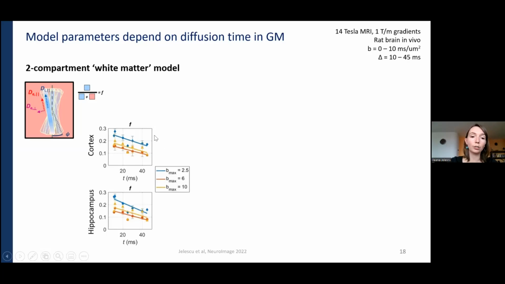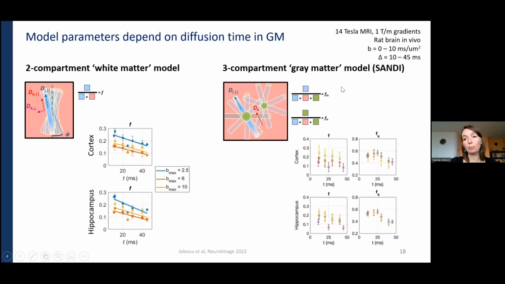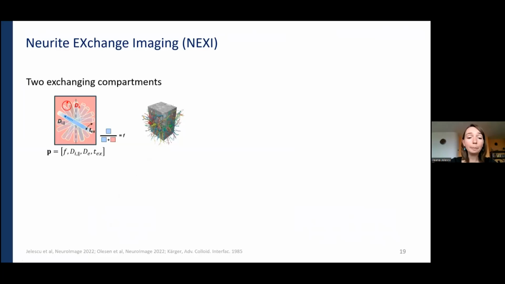So clearly at longer diffusion times, there's less and less water that can be assumed as restricted inside these sticks because it has actually exchanged with the extracellular space. And the same thing, if we apply SANDI at different diffusion times, we see that the neurite density estimate or even the soma density estimate depends heavily on the diffusion time at which you're looking. So you really see that there is a dynamic process going on.